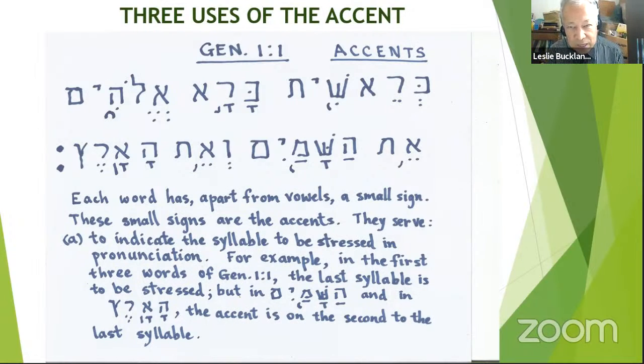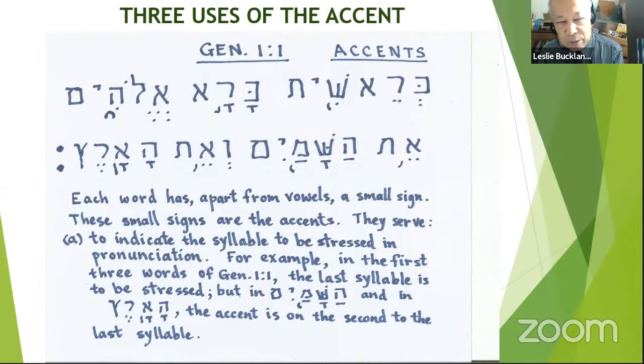So the next word is eith. Now, eith, as you will learn much later, is a sign of the direct object in the Hebrew language. It is not actually translated into English, but it is a mark or a sign that the next word that comes after it is a direct object in the sentence.